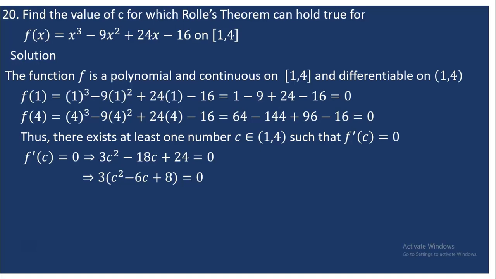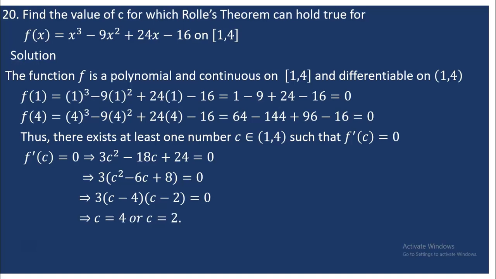So what is left is c squared minus 6c plus 8 equals 0. Think of two numbers whose sum is negative 6 and product is 8. These are minus 4 and minus 2. So it factors as 3 times c minus 4 times c minus 2 equals 0. The values of c that make this 0 are 4 and 2.